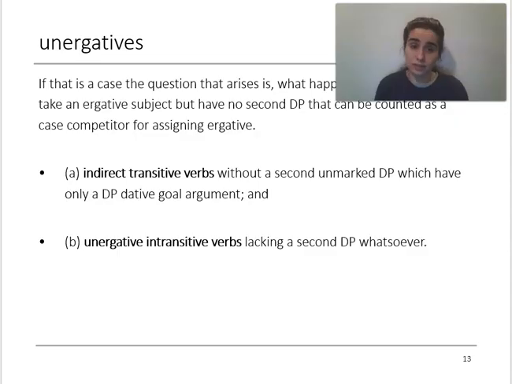These are indirect transitive verbs without a second DP, which have only a DP dative goal argument, and these are anergative intransitive verbs, lacking a second DP whatsoever.